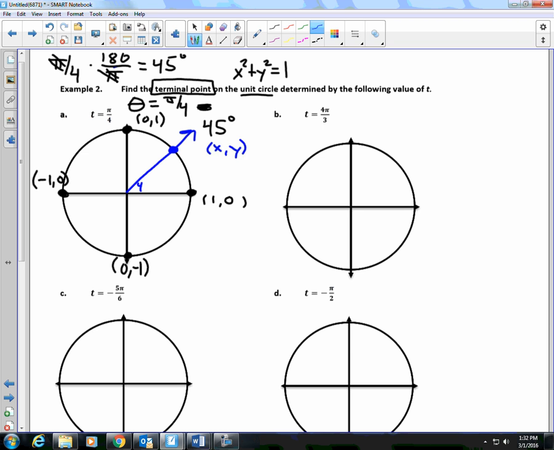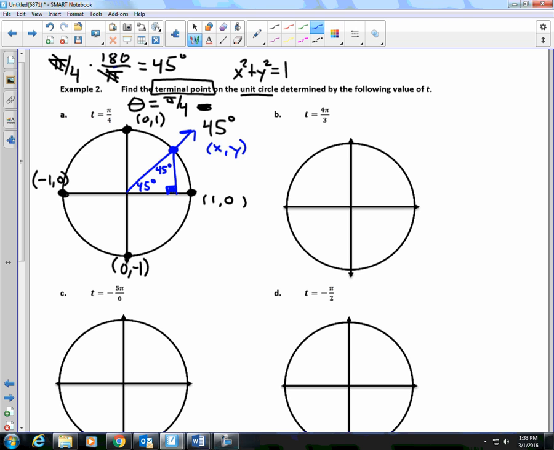This is 45 degrees. Everybody agreed? I'm going to make a 90-degree angle. If this is 45 degrees, what's the other angle? 45 degrees. What special right triangle do I have? 45, 45, 90.